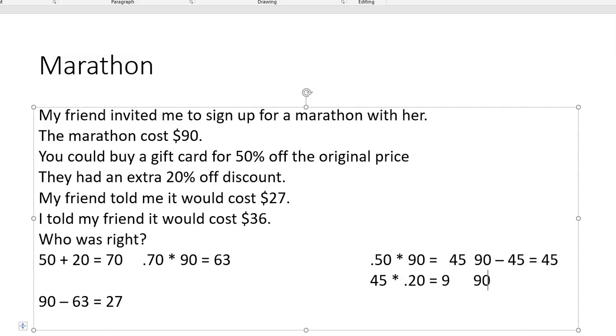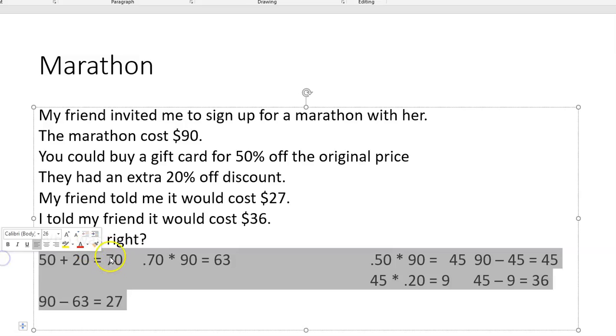And then 45 minus the $9 is 36. And this is the correct math that works. My friend was trying to add percents. You cannot add percents. Don't do it. Do not add percents. They don't add together.